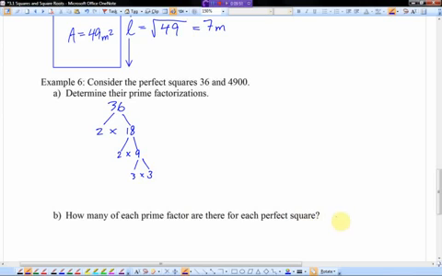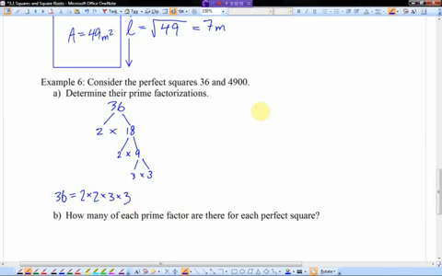So I stop when I have all prime numbers here. Prime numbers are numbers that have exactly 2 different factors, 1 and the number itself. And no, 1 is not a prime number. Okay, so the prime factorization for 36 is equal to 2 times 2 times 3 times 3.